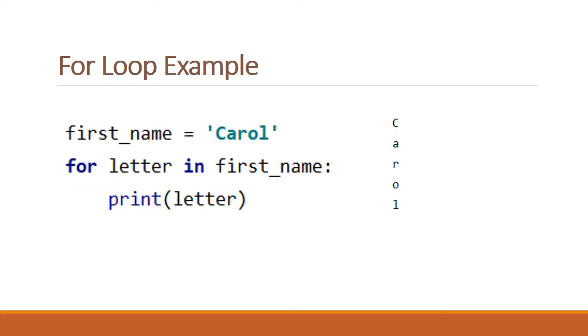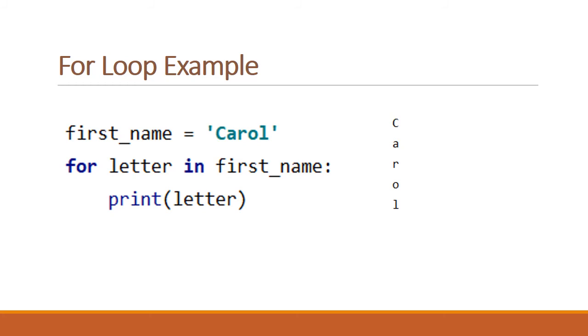Here's another example of a for loop that's provided to us by Python, where we can take a string and print each character in that string. So for example, we could assign first name the value Carol. So our string is Carol and it's assigned to the memory location first name. Then we can write a for loop where we assign letter to each letter within first name.